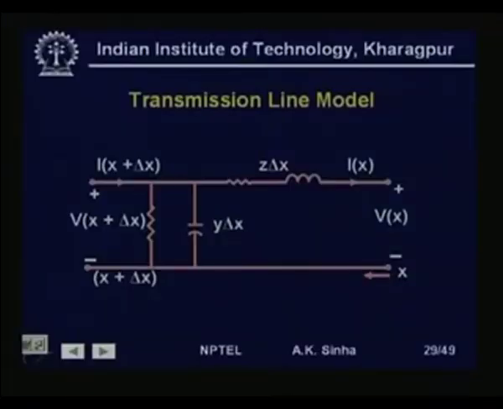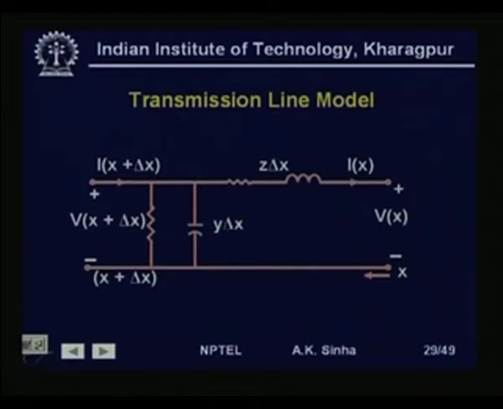Next, now that we have calculated the resistance, the inductance and the capacitance, next comes how to model the transmission line. Now, we have seen that we are having resistance per unit length of the line, we have inductance per unit length of the line, and we have a capacitance per unit length of the line that we have calculated.